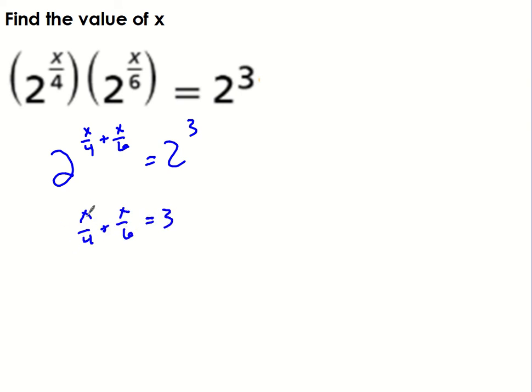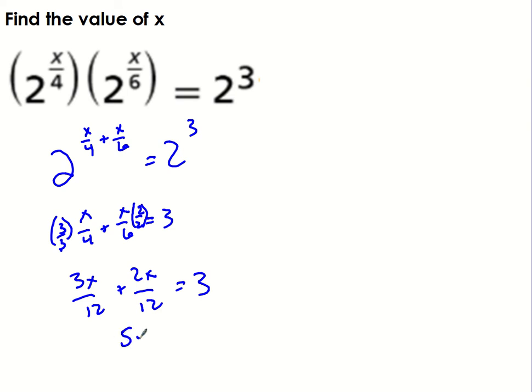The common denominator is going to be 12. So I'm going to multiply this one by 3 to get 3x over 12. Now, if you didn't use 12, if you used 24, it's fine. It doesn't make a difference because when you simplify it, it's all going to look the same. I'm going to multiply this one by 2 over 2. So that's 2x over 12, and that's equal to 3. Add these up.